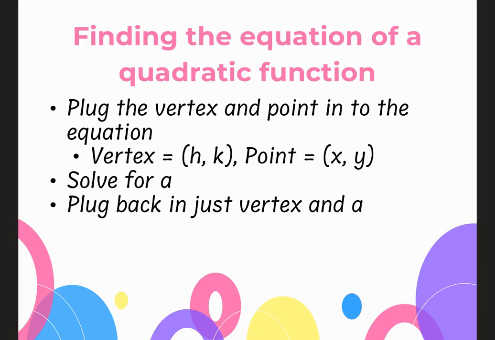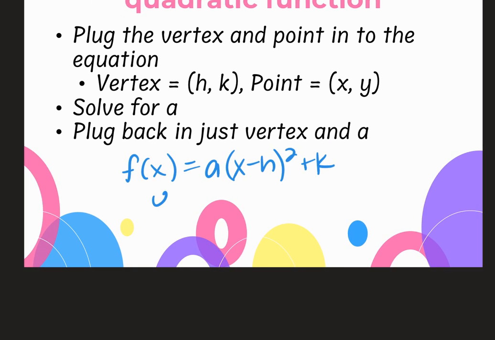Okay. Now we flip-flop. So now I'm going to give you information about the graph, about a parabola, and you're going to give me the equation as its answer. So we're going to plug the vertex in as our HK. We're going to plug the point as our XY. We're going to solve for A, and then we're going to plug back just in the vertex and the A. And my standard form is f of x equals A times x minus h squared plus k, or y equals A x minus h squared plus k.